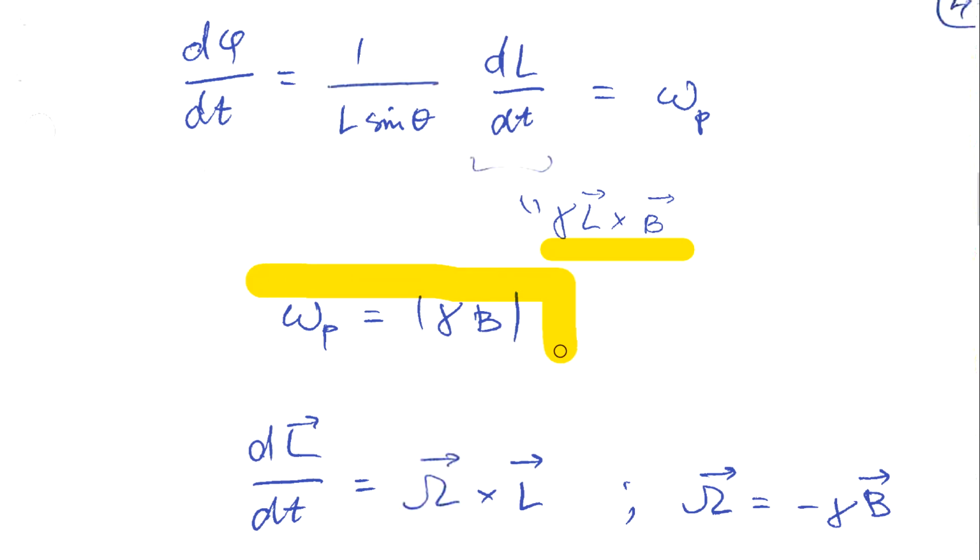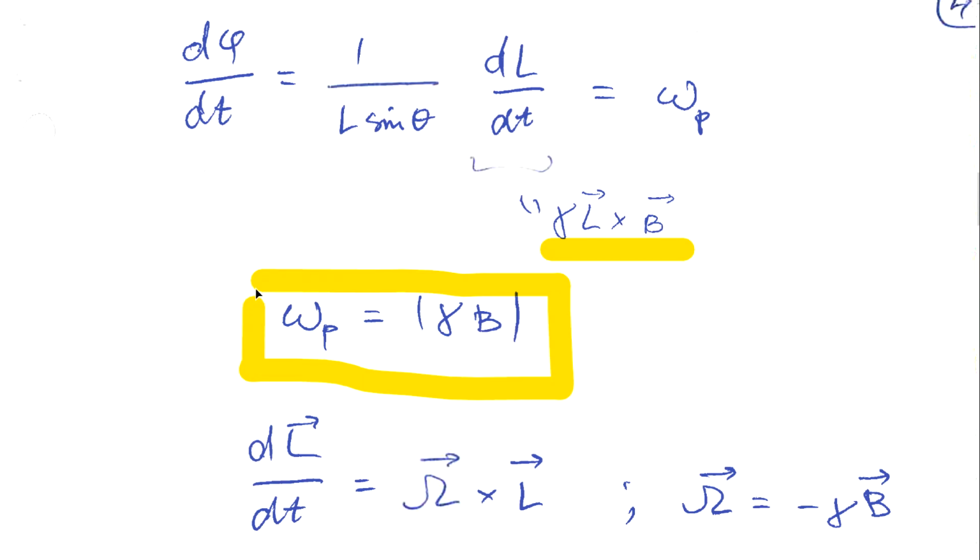This is Larmor precession. So if you have a magnetic moment in the presence of an external magnetic field, it will precess around the magnetic field. This is the equation describing the precession, and the precession frequency is equal to minus gamma B.